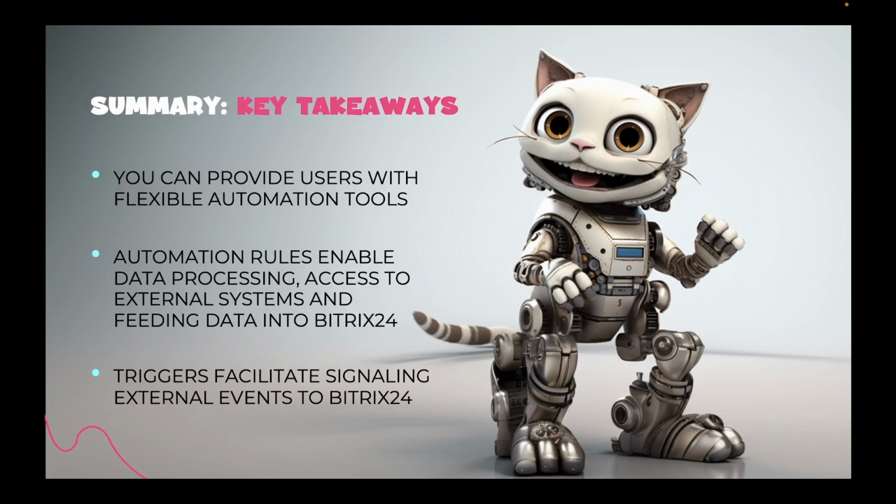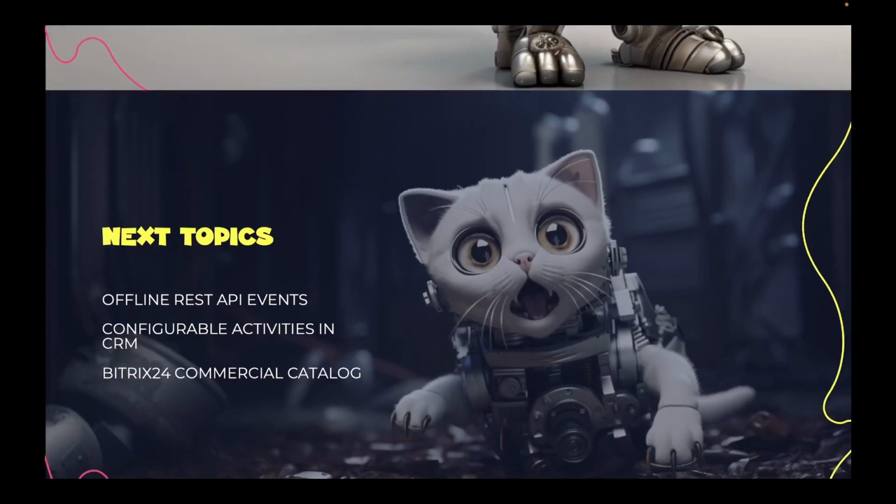Triggers, on the other hand, facilitate signaling external events to Bitrix24, enabling users to automatically progress deals and leads through the stages of sales funnels. I recommend exploring the functionality of your existing applications and considering what useful automation rules and triggers can be added. This approach will empower your users with more options to make the most out of your solutions.